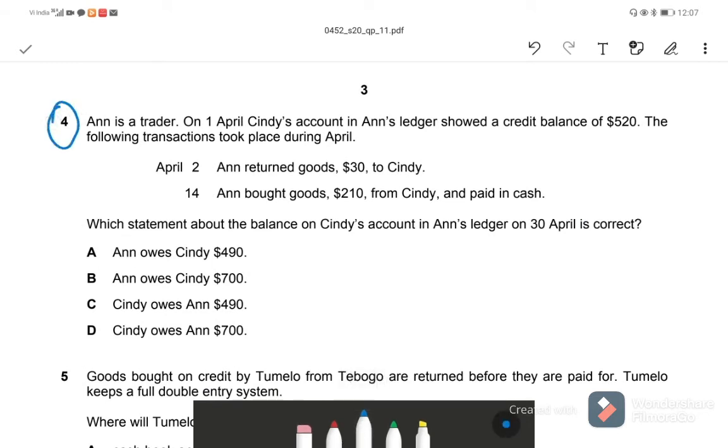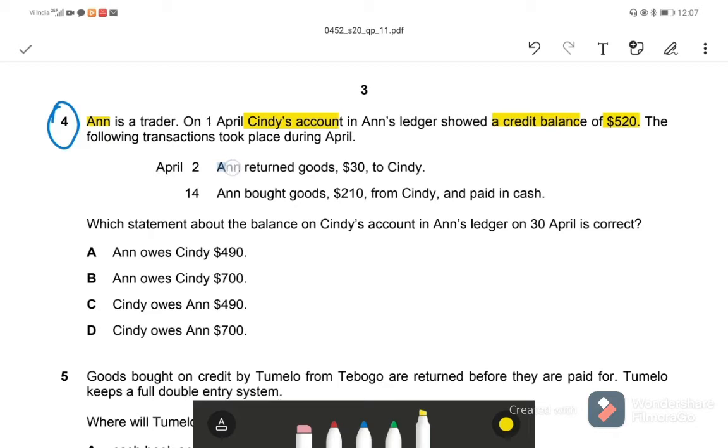Four. Anne is a trader. On 1st April, Cindy's account in Anne's ledger showed a credit balance of $520. The following transactions took place during April.